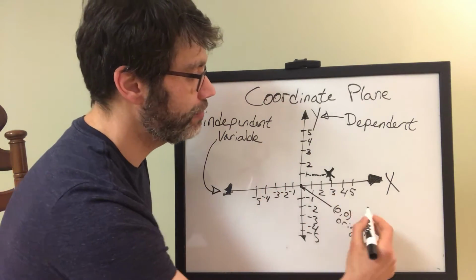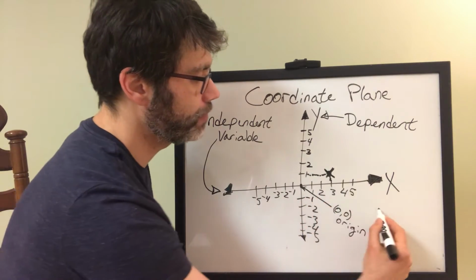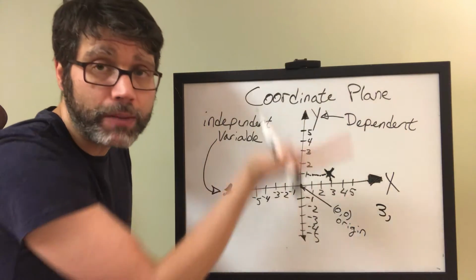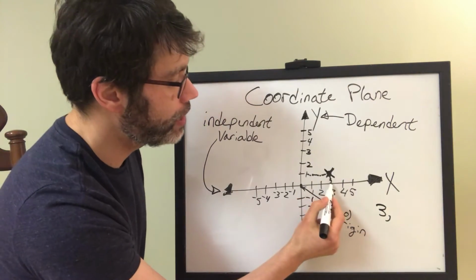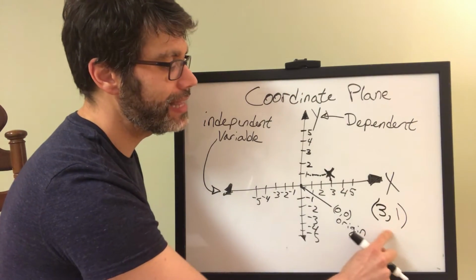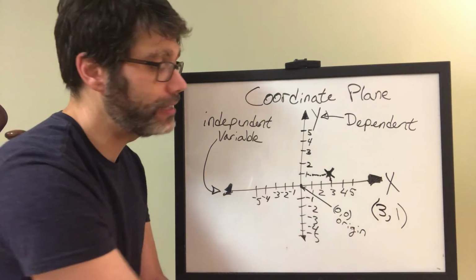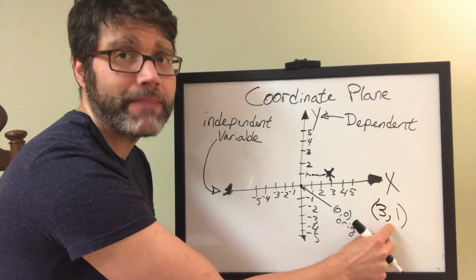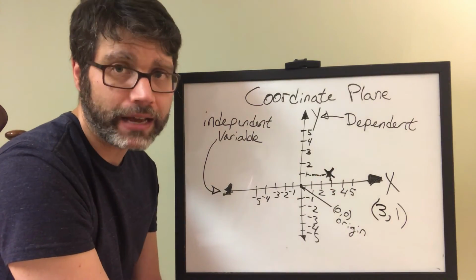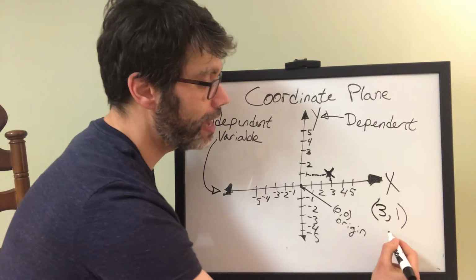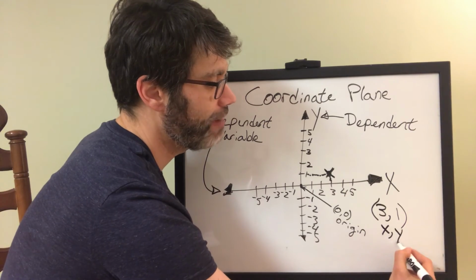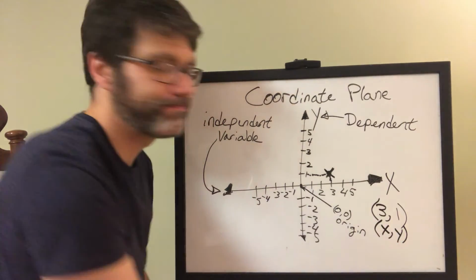So we're going to put our x value first, and it's 1, 2, 3. So we've gone to the right 3. And then we're going to talk about how much up or down we are. And so we go up 1, all right? So (3, 1) is the coordinate. It's the information that represents the exact location of that x, okay? So to generalize, we always put the x value first in a coordinate and the y value second. And there you go.